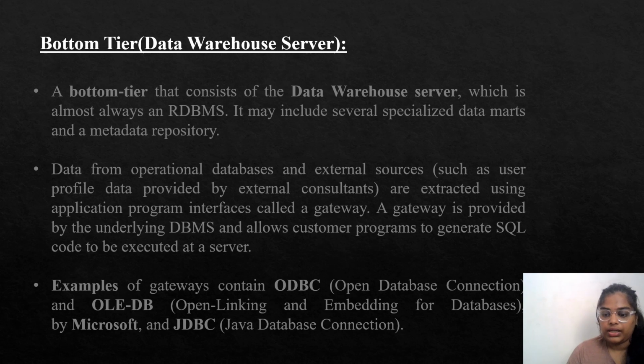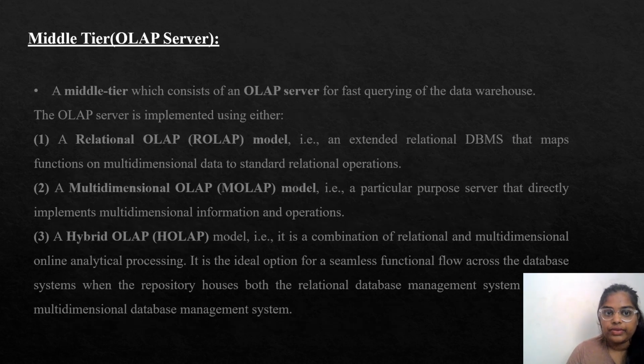Next, coming to the middle tier, which has the OLAP server. The middle tier consists of an OLAP server for fast querying of the data warehouse. The OLAP server is implemented using either ROLAP, MOLAP or HOLAP. These are the three servers, known as relational OLAP, multidimensional OLAP and hybrid OLAP.